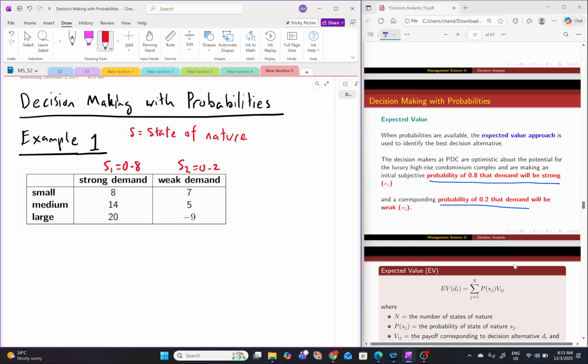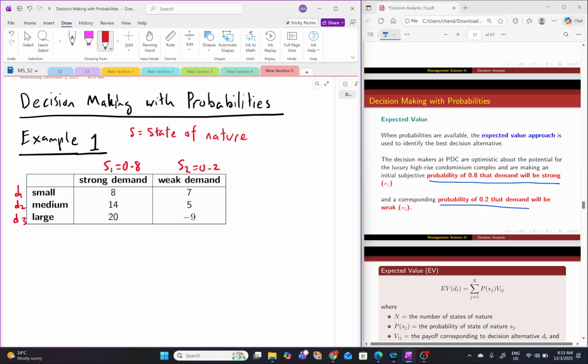Now with this situation, what would be the decision? What would be the best decision? The decision is here. They have to decide. I put this as D1, D2, D3. The company has to decide which condominium it must construct.